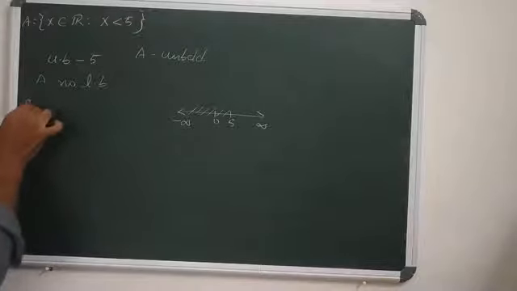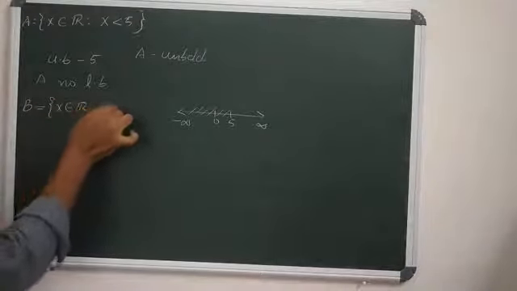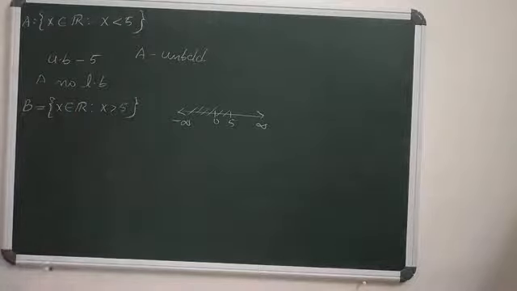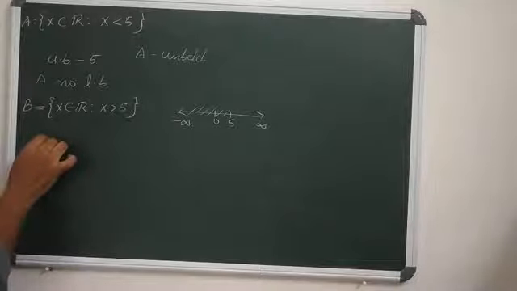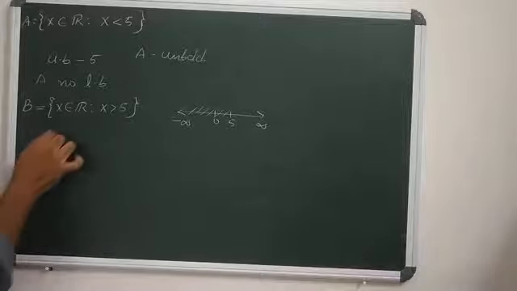Consider another set, B equals the set of all x in R such that x greater than 5. When x is greater than 5, what is the lower bound? 5 is a lower bound.